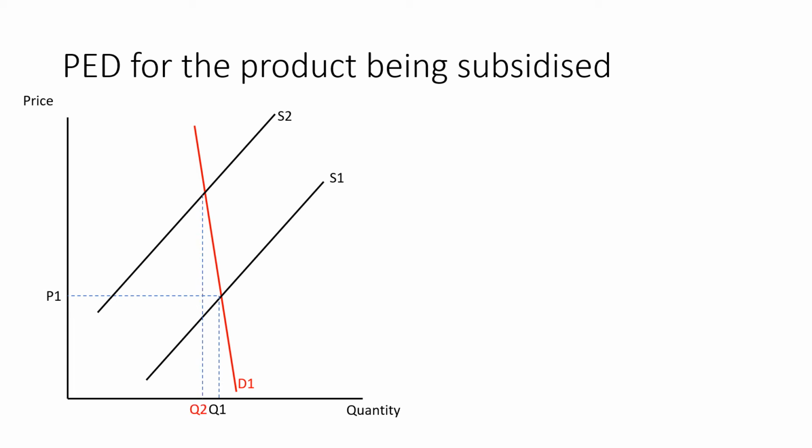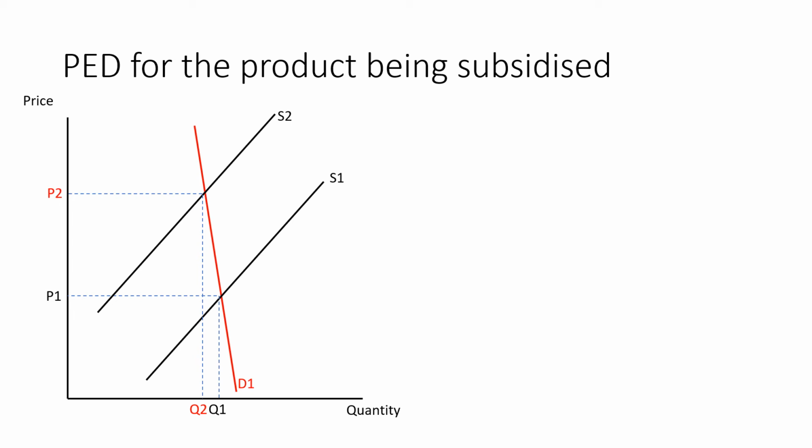Now, if we're looking at a product that's price inelastic, like D1 here, what we can see is that the decrease in supply caused by the removal of the subsidy only creates a very small fall in equilibrium quantity from Q1 to Q2. But the price increase is pretty substantial, so that's not great for the consumer, a big price increase.